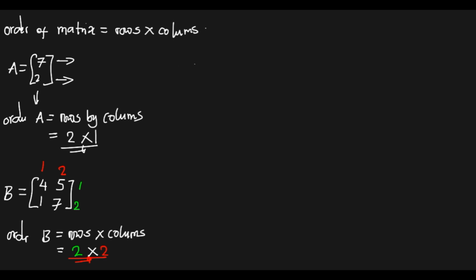Okay, let's try another example. We have matrix C. You can pause the video and give it a try. The order of matrix C: you need to identify the number of rows in this matrix.